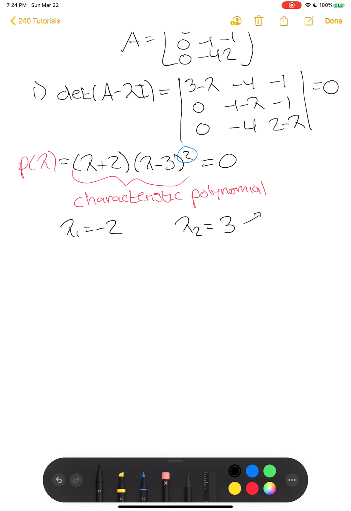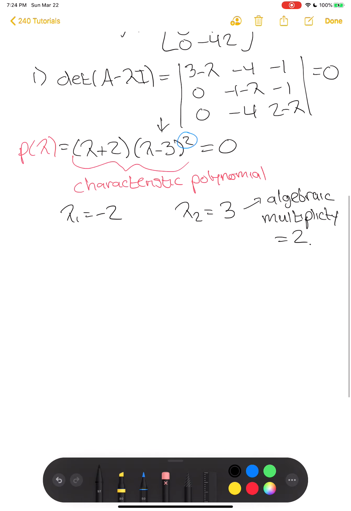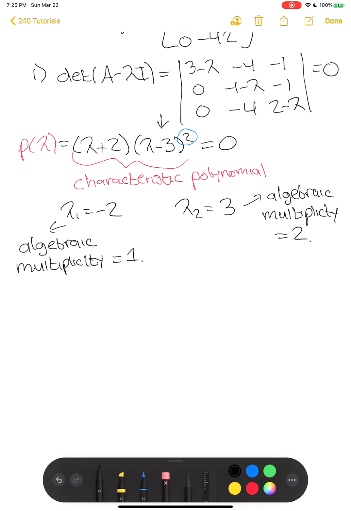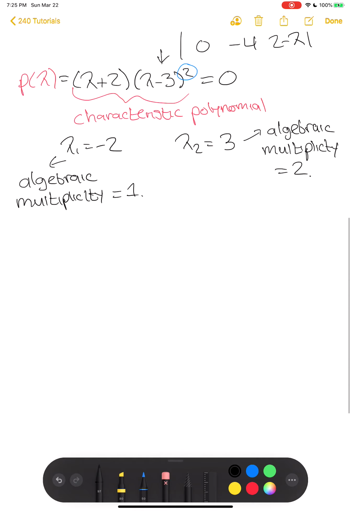So this has algebraic multiplicity of 2, because it popped up 2 times in our characteristic polynomial here. This one simply has algebraic multiplicity of 1. But I'm still going to write it down because we'll talk about why it's important in a second. Okay, so that's our characteristic polynomial, and we found our eigenvalues perfectly fine, and our algebraic multiplicities as well.